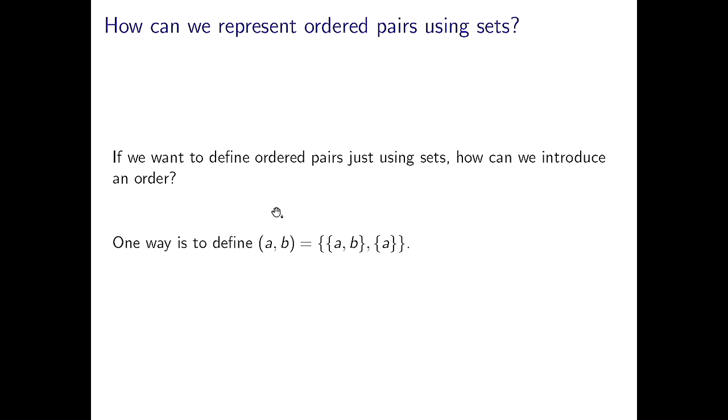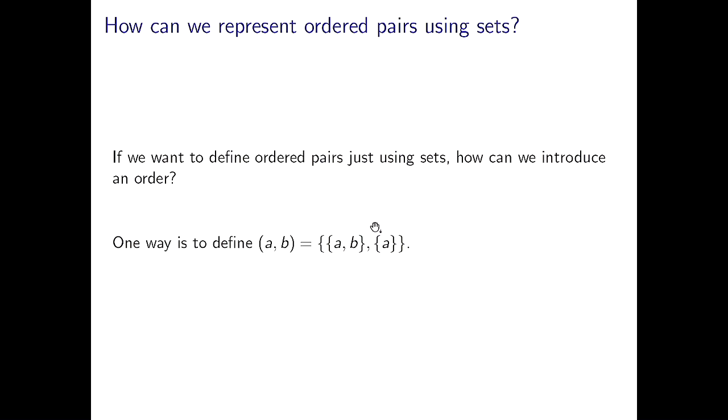One way is to define the ordered pair (A, B) as a set that has, well, I shouldn't say firstly, it has a pair set in it. This tells you that the two things in your ordered pair are going to be A and B. And then you put a singleton set in that set as well, which tells you what the first thing is, right?